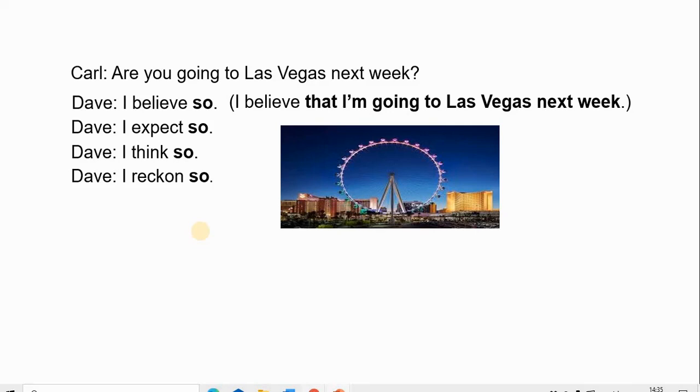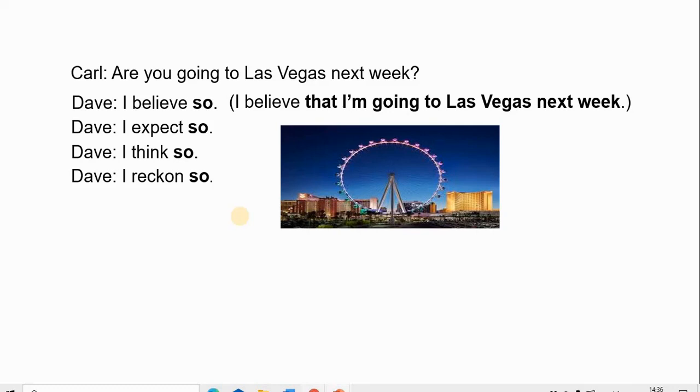They all mean I think. I expect so. I reckon so. I believe so. The general meaning is I think so. Alright? So these are very similar.